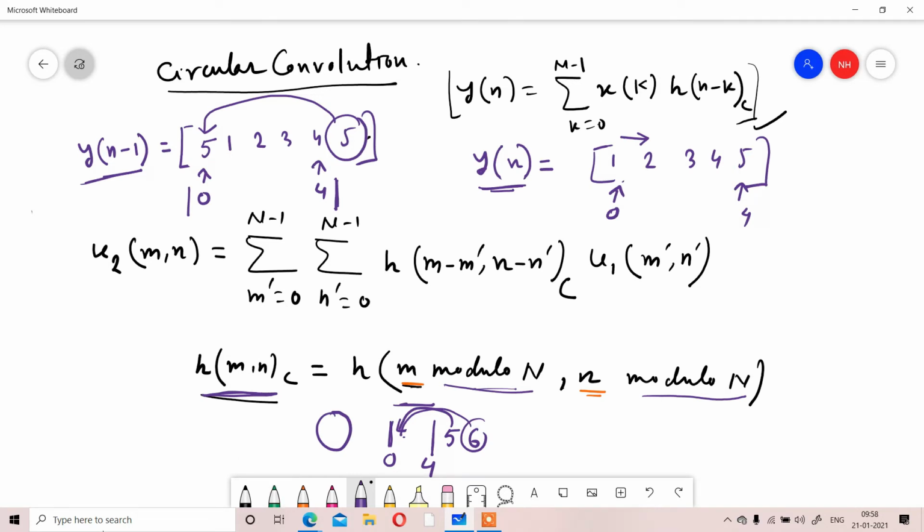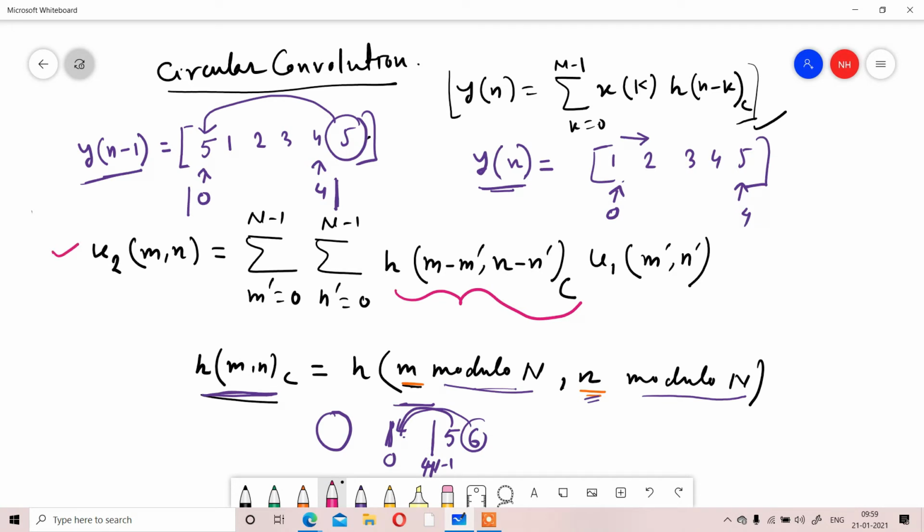So that is your circular convolution. Whatever operation or shifting is happening here, the value of m will always be within the range 0 to N minus 1, within that modulus range, and the value of small n will also be the same.